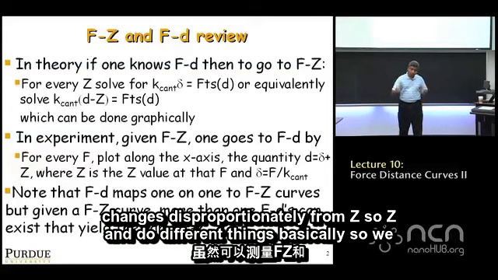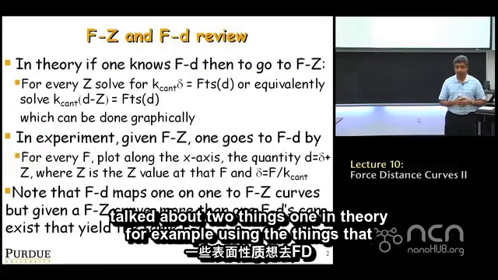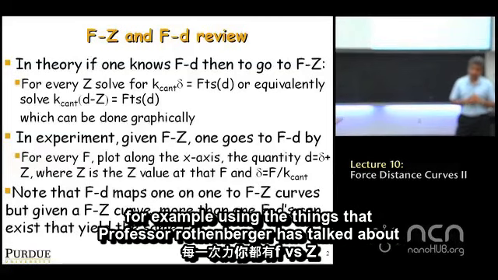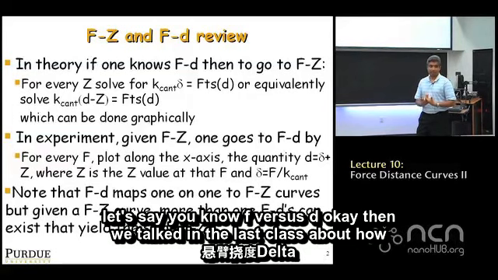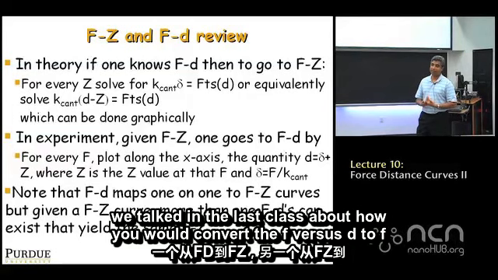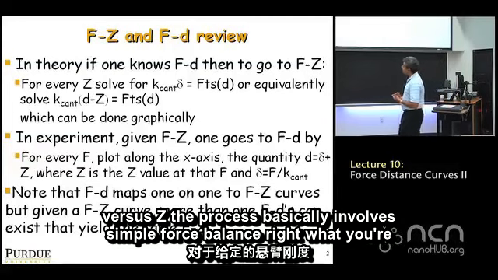So we talked about 2 things. One, in theory, for example, using the things that Professor Raffenberger has talked about, let's say you know F versus d. Then we talked in the last class about how you would convert the F versus d to F versus Z. The process basically involves a simple force balance, right?